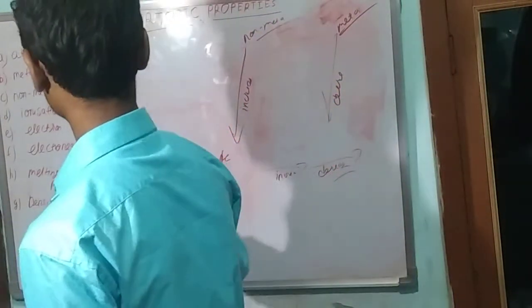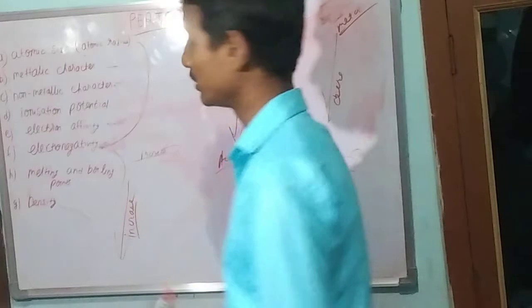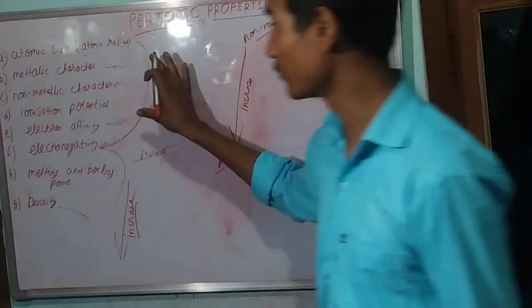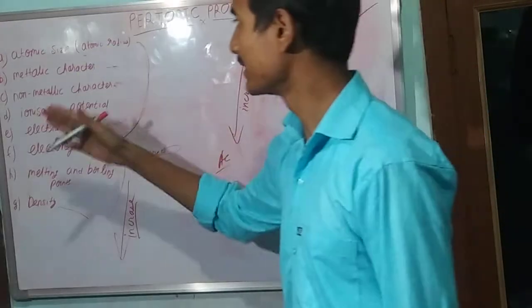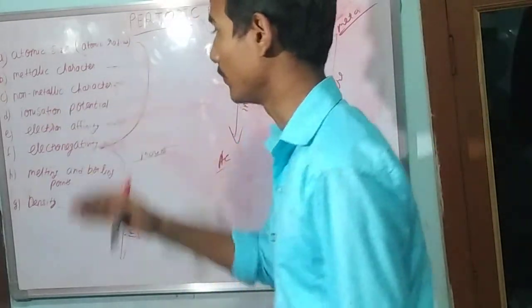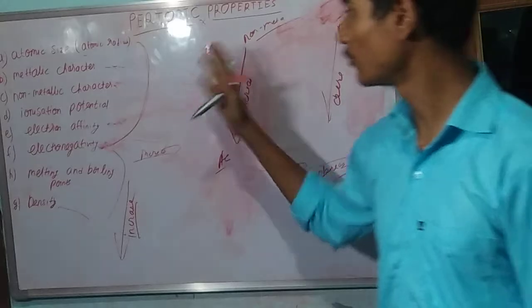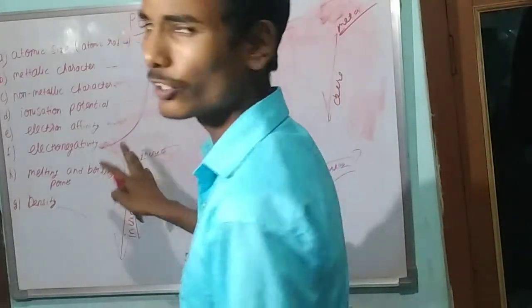These four are most important, so you have to study these four: atomic size, metallic character, non-metallic character, and electron affinity and electronegativity. These will be asked.